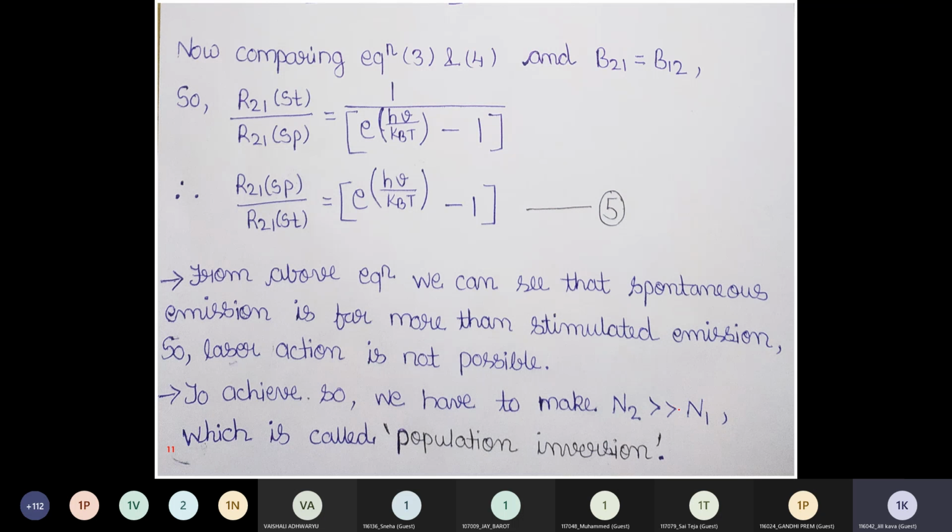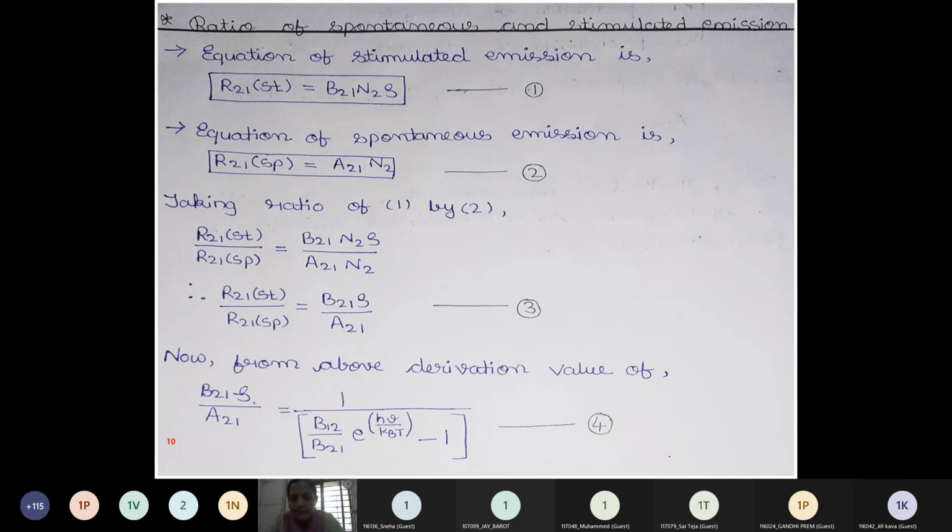Ma'am, is it okay? Yes, Jill. Perfectly okay. I didn't want to disturb you in the derivation, so I said nothing in between, but very well explained. Students, I hope you are all getting how the derivation and the operations are to be followed. Everybody understood? Yes, ma'am. Actually, this derivation is all about the ratio of spontaneous emission to stimulated emission.